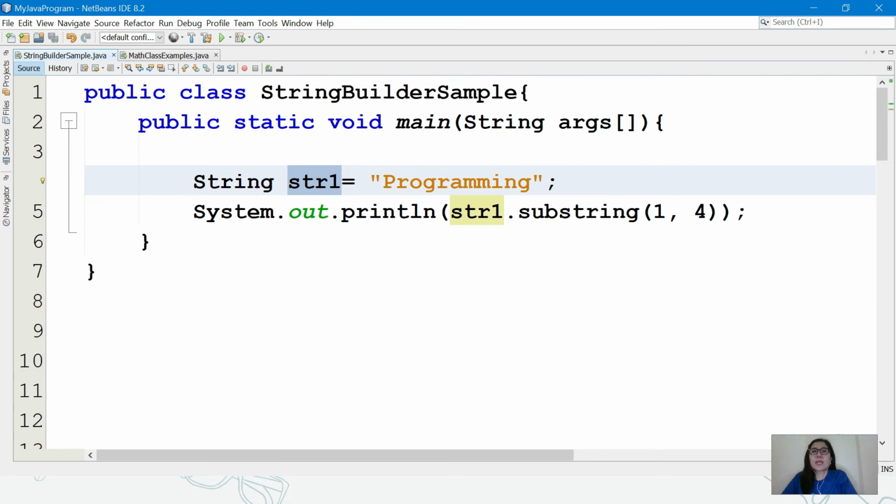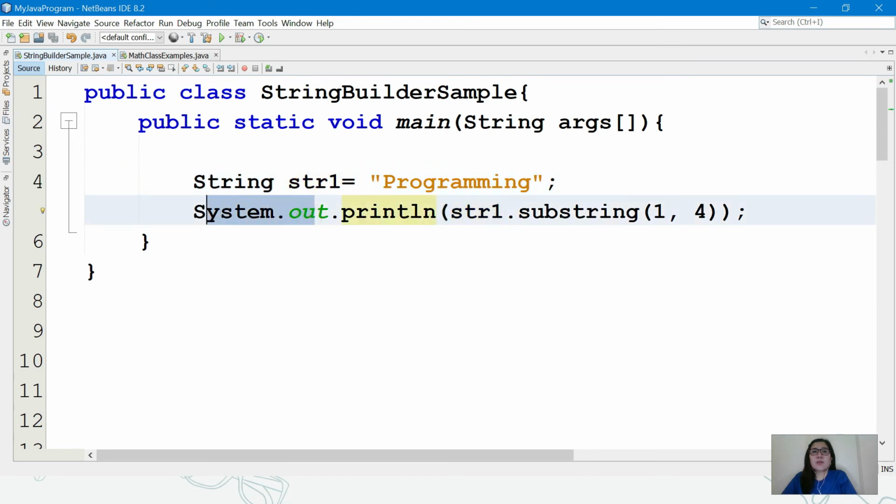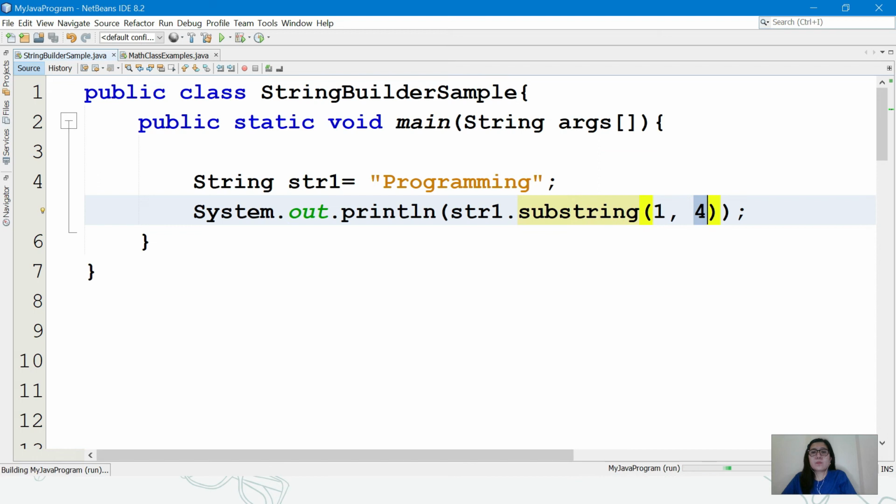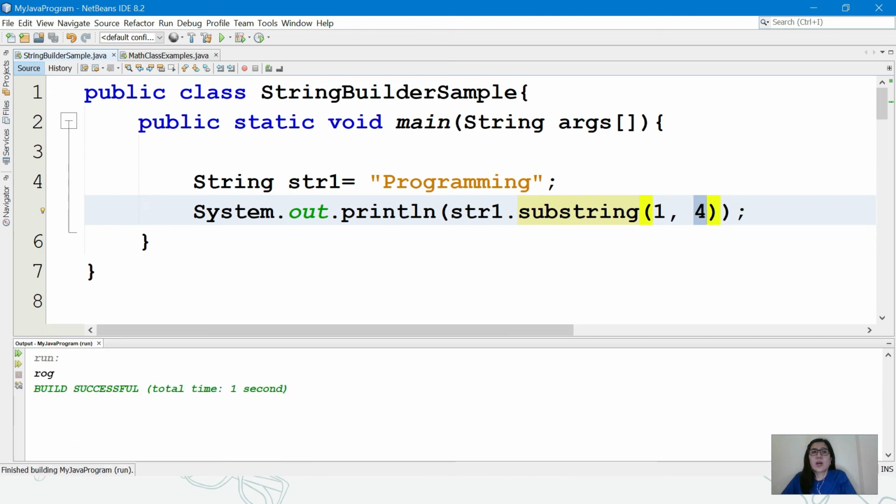So, para makita natin yung result, gumamit tayo ng system.out.println and we use our variable str1 the method substring. So, this 1 and 4 dito, this is the begin index and the end index. So, i-extract natin. So, tignan natin yung magiging output. So, ang output natin is rog.